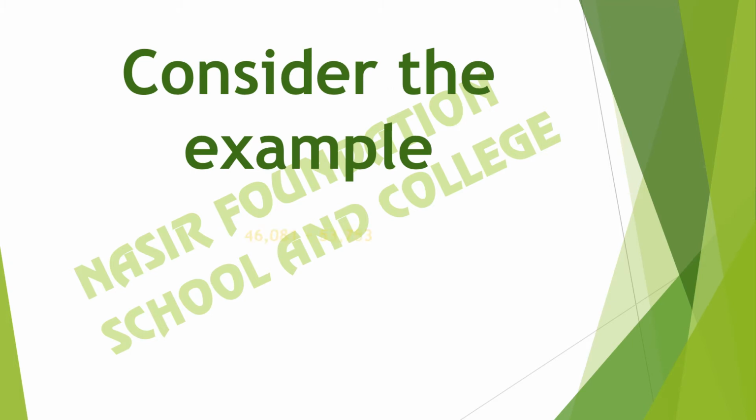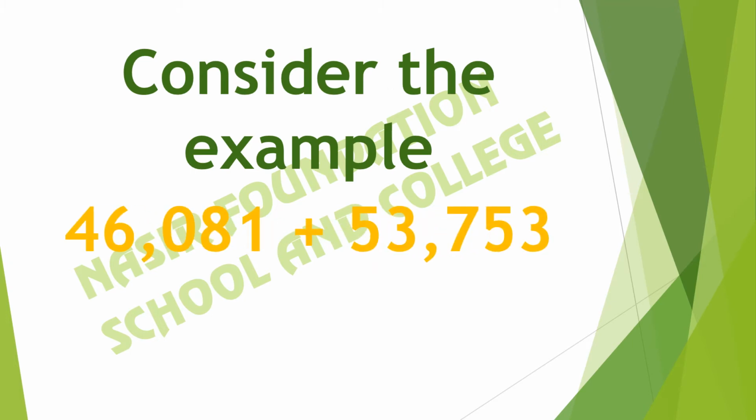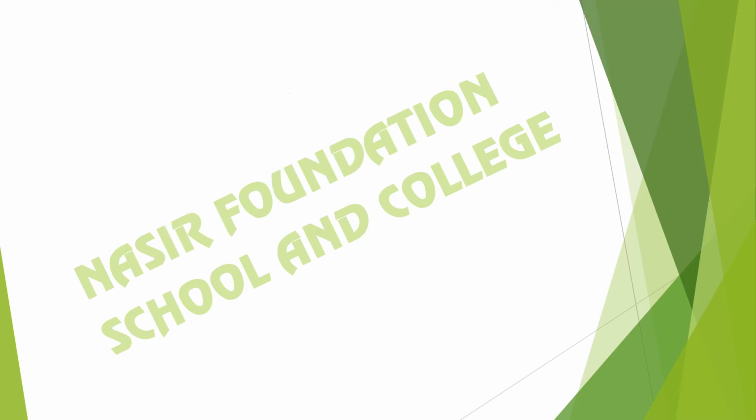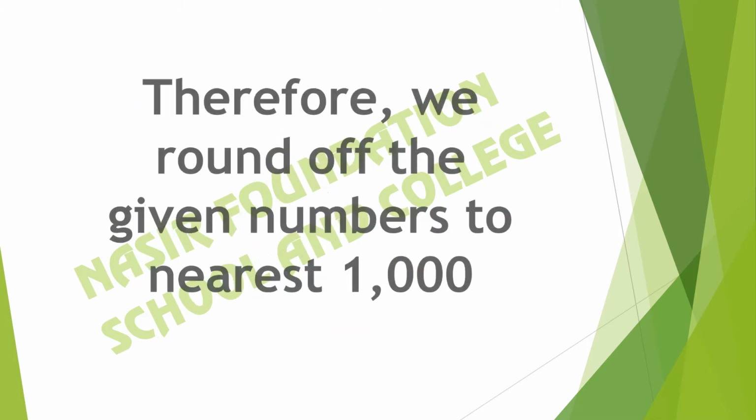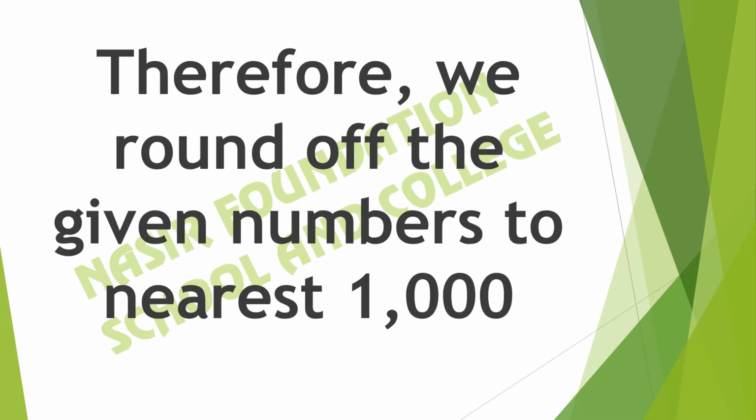Consider the example: 46,081 and the second number is 53,753. Both these numbers have 10,000 at the highest place value. Therefore, we round off the given numbers to the nearest thousand.